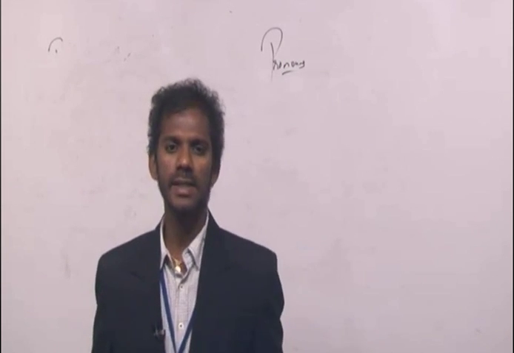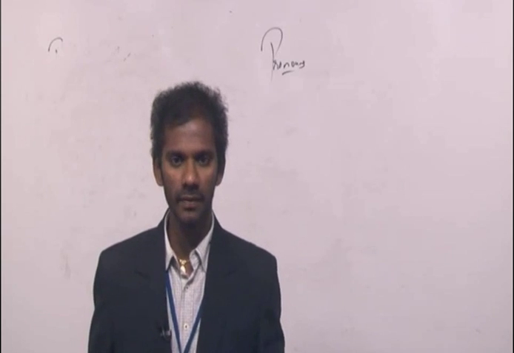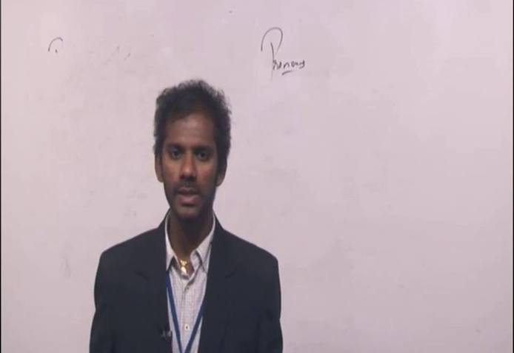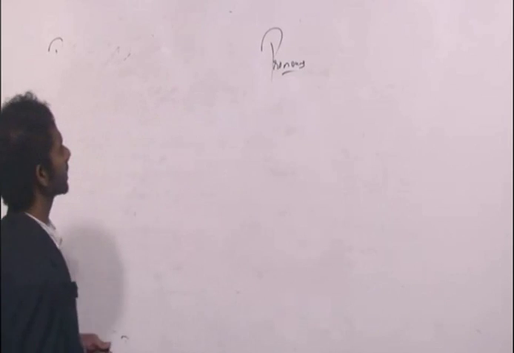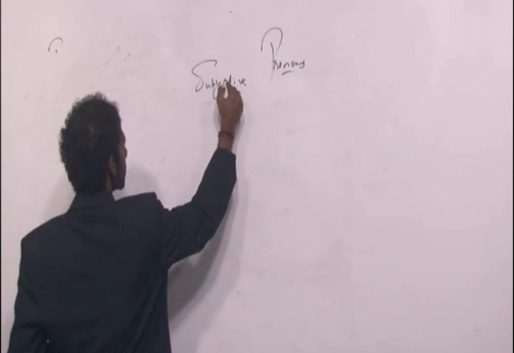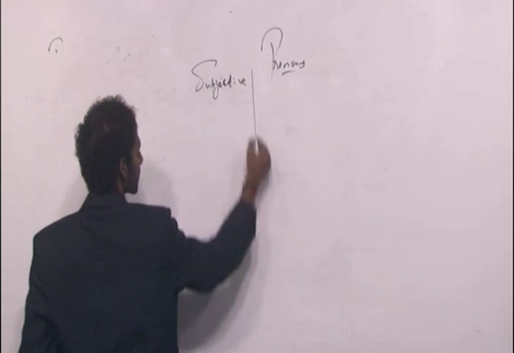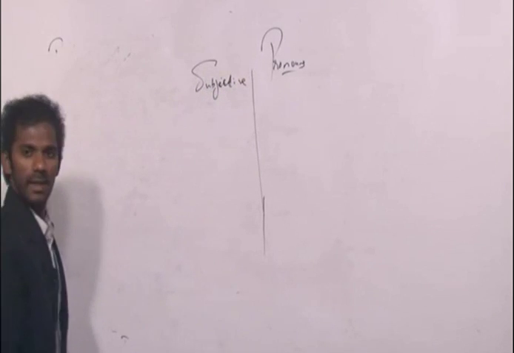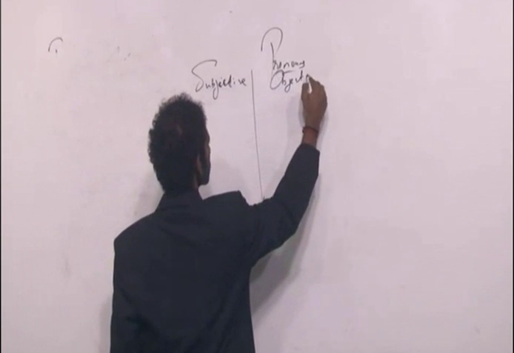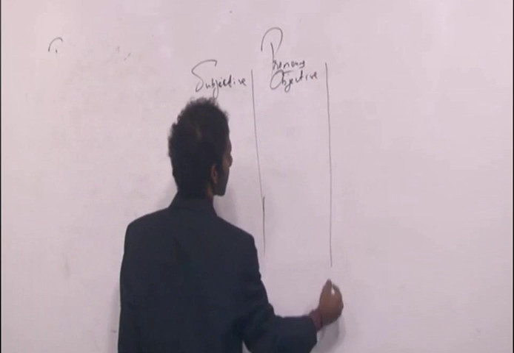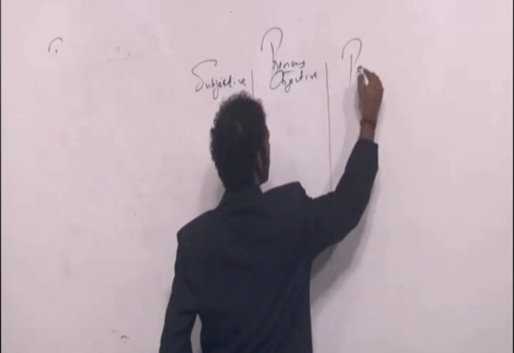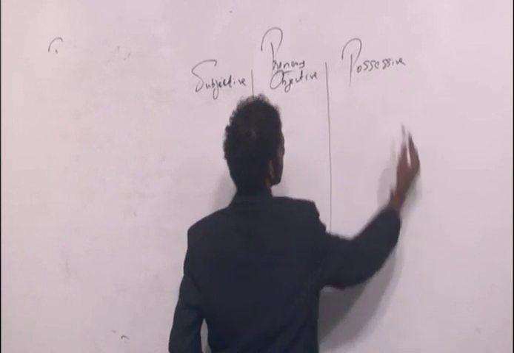As far as the test is concerned, pronouns can be divided into three main categories: one is subjective, the second one is objective, and the third one is possessive.